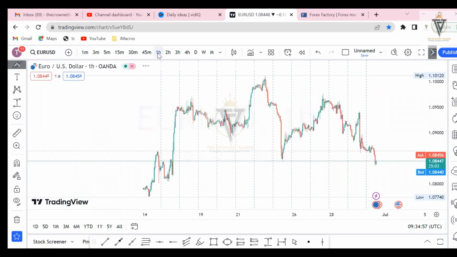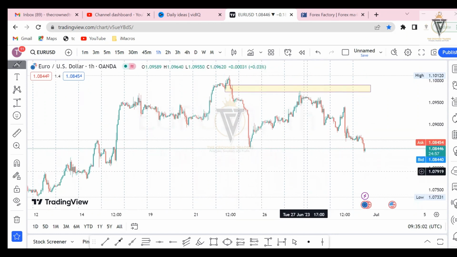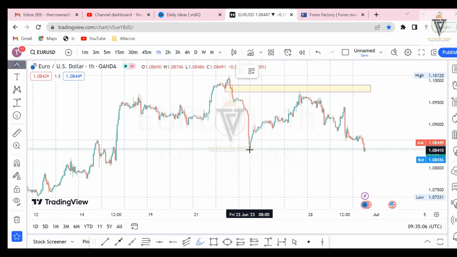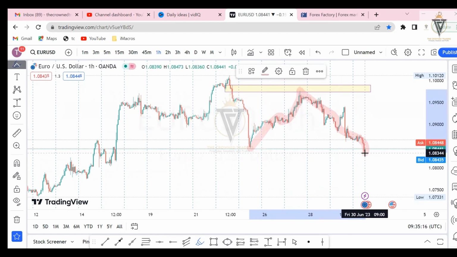If you followed that analysis and plotted all the Fibonacci, you discovered that price came from here and entered our point of interest, and here we are.